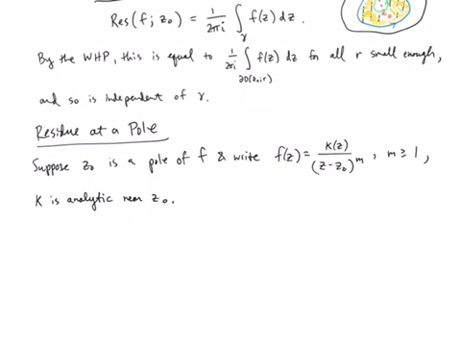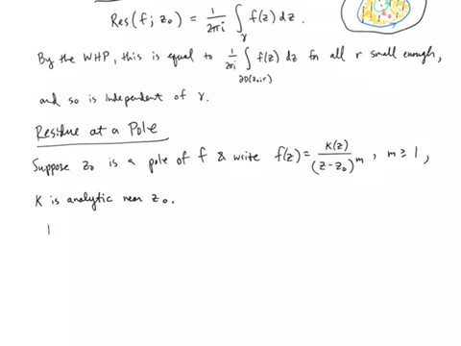Okay, so when we have a pole, we know that we can do this. And actually, it's not necessary to assume that m is the order of the pole, as we did before. So it could be that k is 0 at z0. We'll allow that.